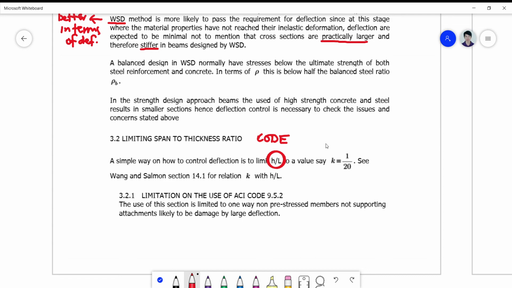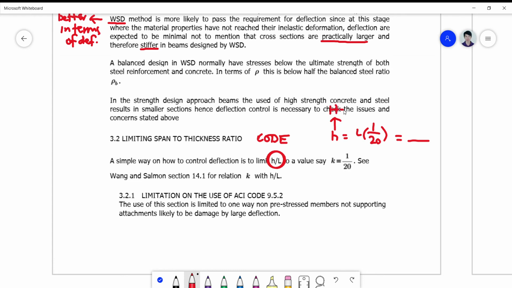In the old codes, you just check your h, okay, is equal to L times 1 over 20. So if you know the length, you just divide it by 20, you get the height of your beam, or slab.